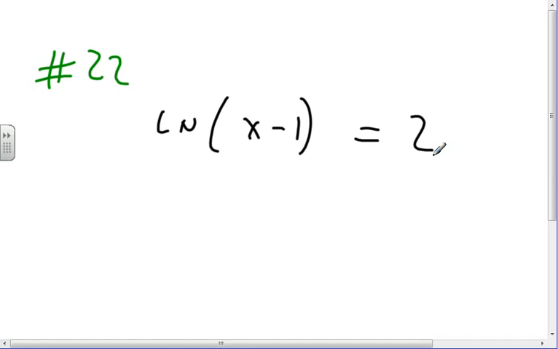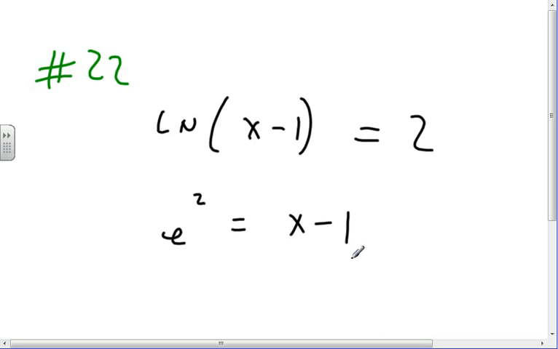Well, yeah, but this is the log guy, and we can write it as an exponential, right? So this says that e squared is equal to x minus 1. I'm using the equation on 3-2-8, which says if y is the log base b of x, then x is b raised to the y.